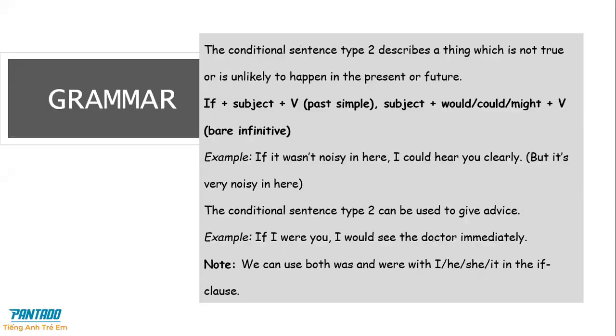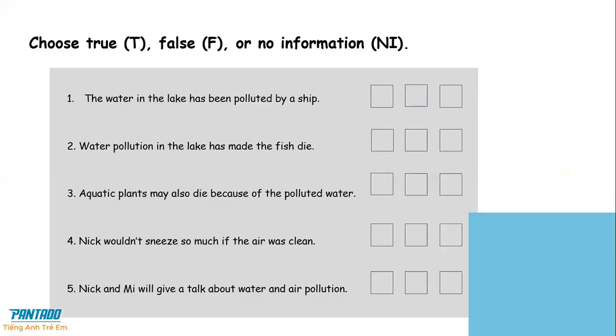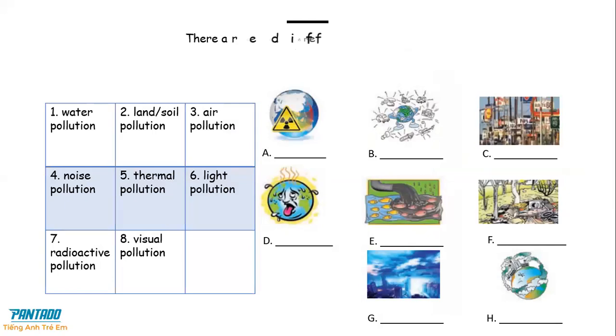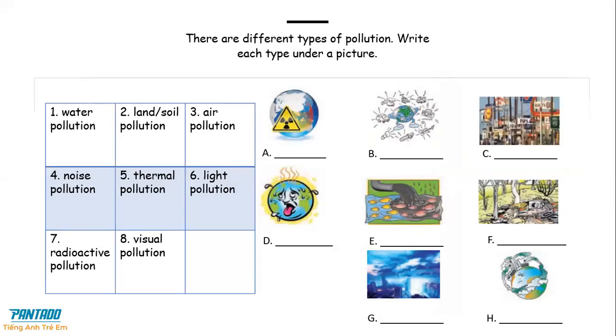So, grade 8, unit 7, pollution. This was your last activity. You wrote true, false, or no information. So for tonight, we are going to have another activity about pollution. We have pictures from letters A to H, and we have words or phrases in numbers 1 to 8.